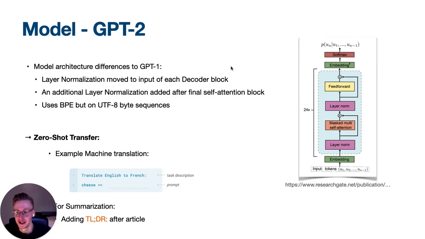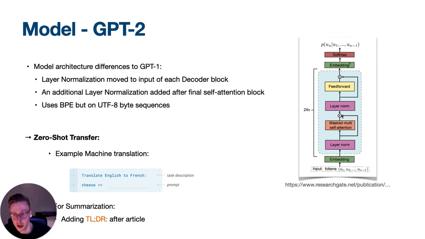Next up, we have the GPT-2 architecture, and we will look at the model differences in the architecture to GPT-1. So what is the main difference here is that the layer normalization was basically moved in front of the masked multi-head self-attention. It was previously after the masked multi-head self-attention.